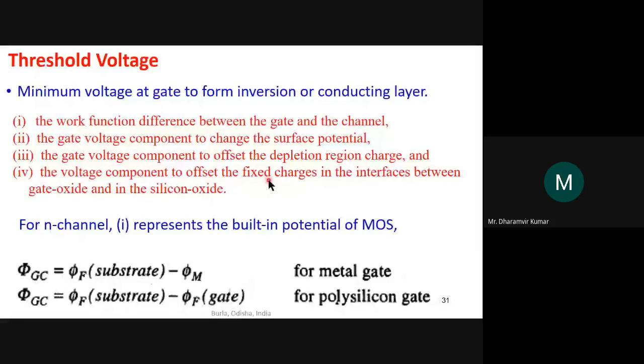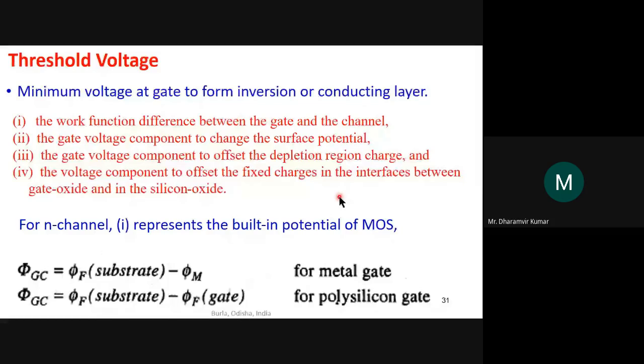And the last component is the voltage component to offset the fixed charges in the interfaces between the gate oxide and the silicon. Now there are two interfaces. If you remember the MOS structure, there is an interface between metal and oxide, and one interface between oxide and semiconductor. These interfaces may have some fixed charges trapped inside them.